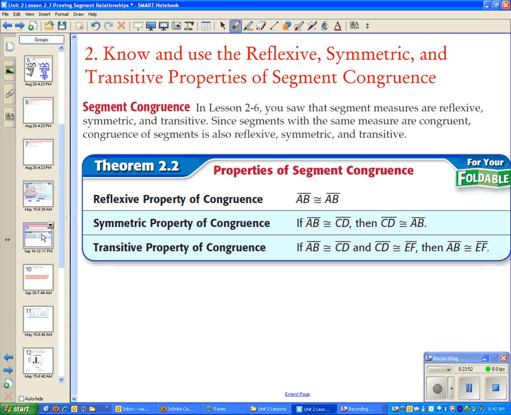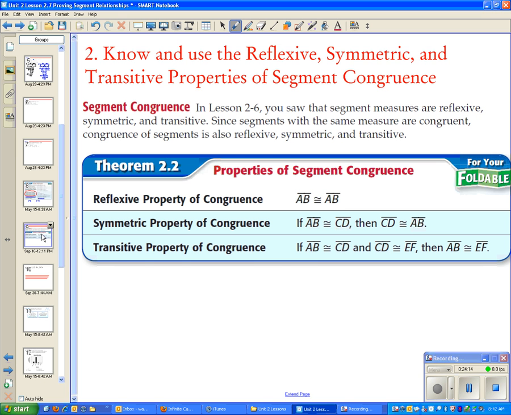Okay? Because we know that these properties are true for numbers, right? That's what we just went over. Now we're going to show that they're true. We're going to learn that they're true for segments themselves, not just lengths of segments. Okay? Now let me back up a second.